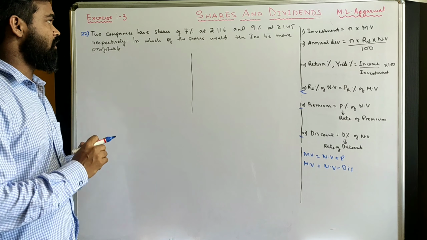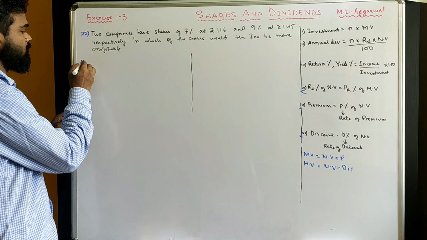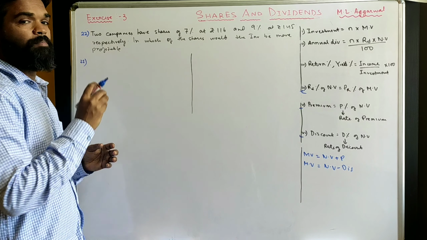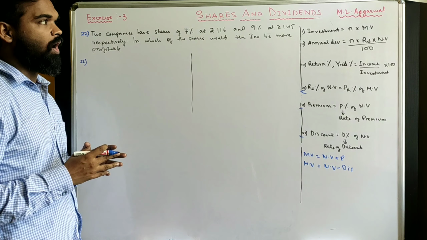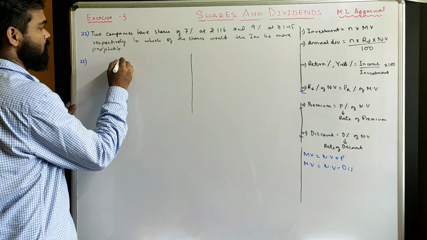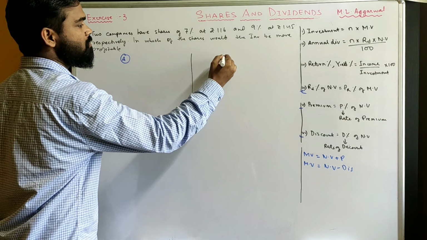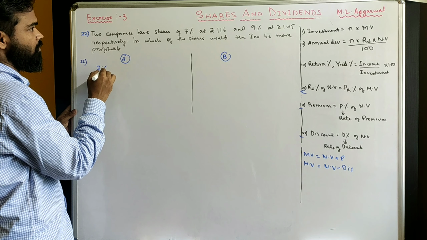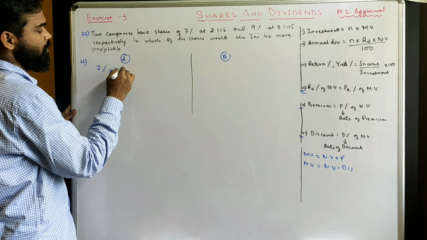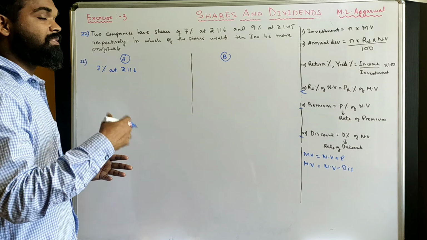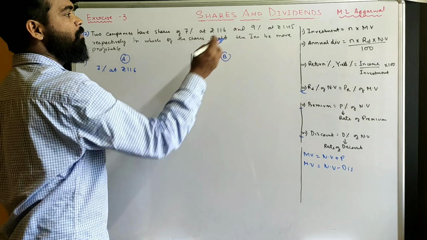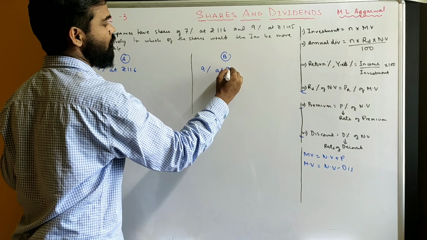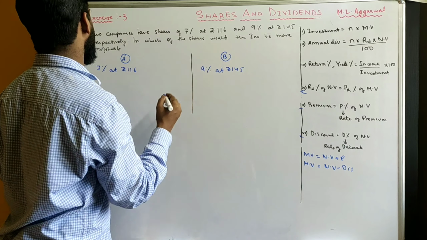Now look at this sum, very interesting. Sum number 22. Two companies have shares of 7% at rupees 116. So suppose this is company A and this is company B. And the second company has 9% at rupees 145 respectively.